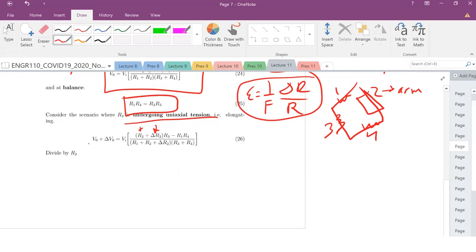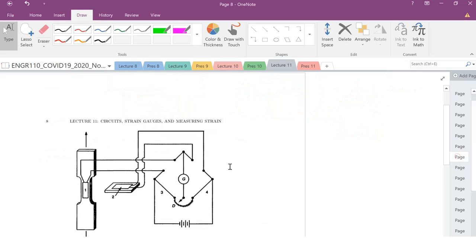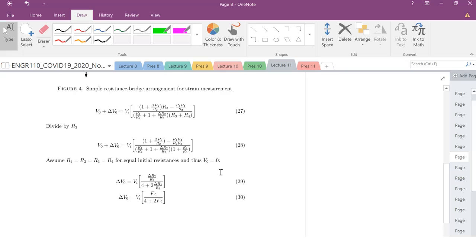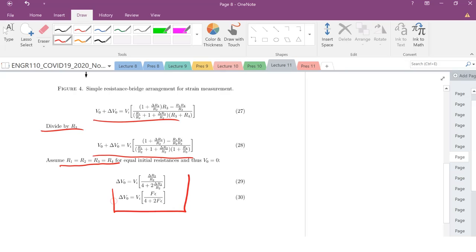So there's going to be some initial output voltage and some change in output voltage due to that change in resistance, R2 here. If you divide out by R2, we're going to simplify our equation a bit more. We'll see that on the next page. Just doing some math here, dividing by R2 gives us this, dividing by R3 gives us this value right here. Once we assume that R1 equals R2 for equal resistances, as we said previously, we get this final expression.